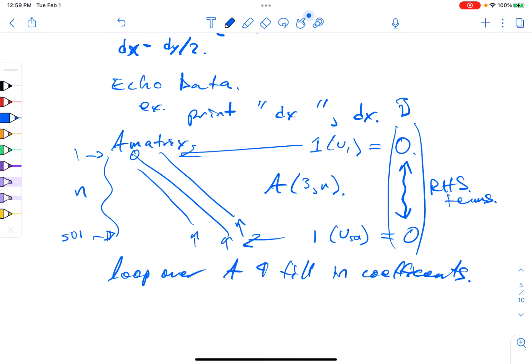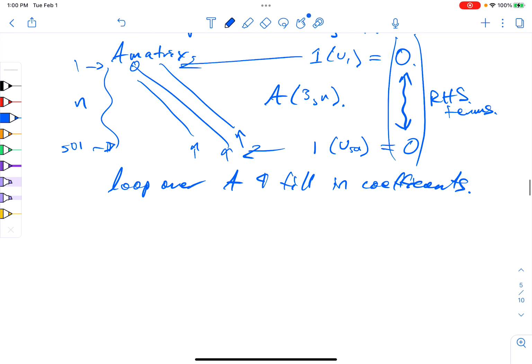And I would move all my known terms to the right-hand side, so that would be not only the source term, but I formulated it like this, and you can check my work, but I kind of checked it by analytical solution. So I looped over j min plus 1 to j max. And in Python, unlike Fortran, this is really annoying.